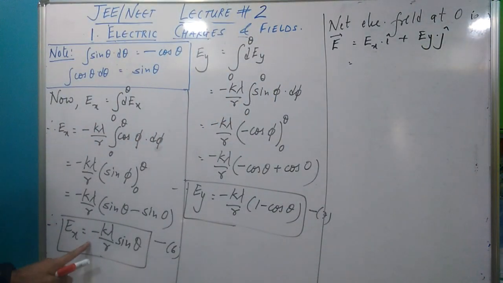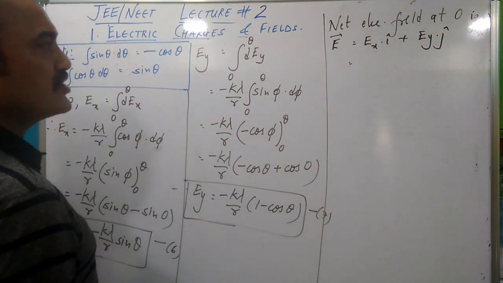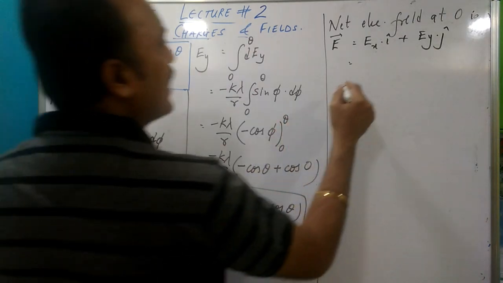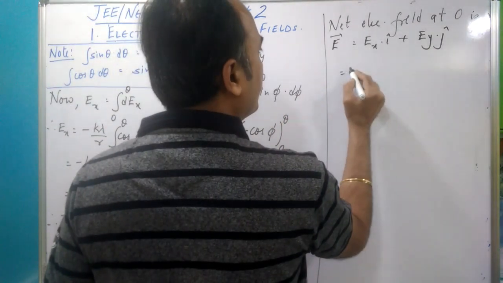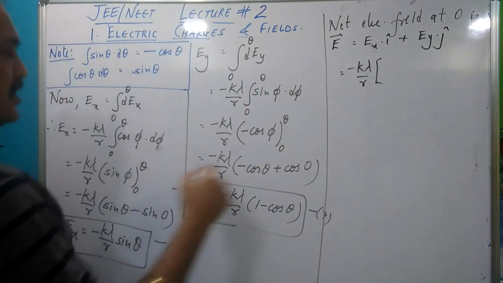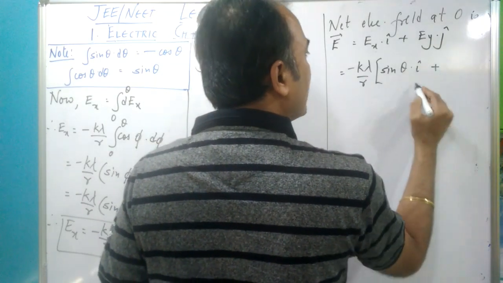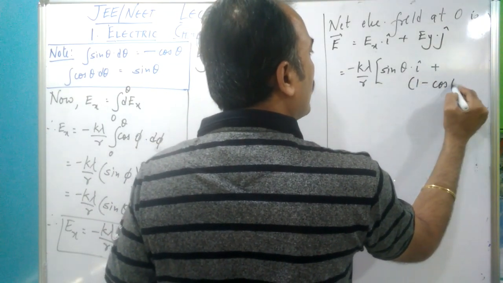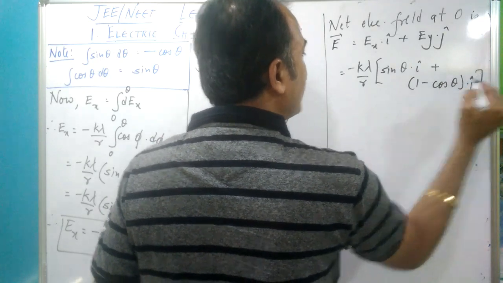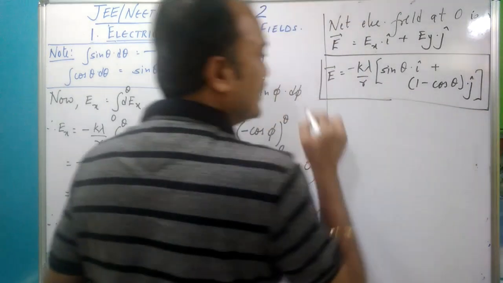Our Ex is minus k lambda by r sine theta. Our Ey is minus k lambda by r times 1 minus cos theta. Minus k lambda by r can be taken common. In the bracket goes sine theta i cap plus 1 minus cos theta j cap. Your final equation is this.